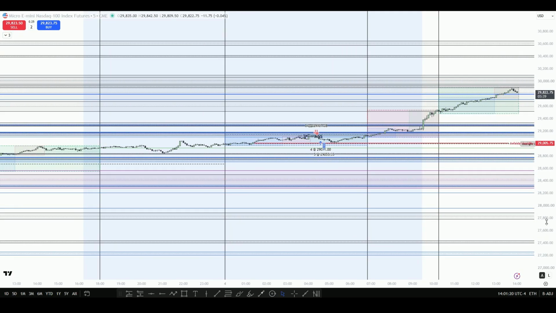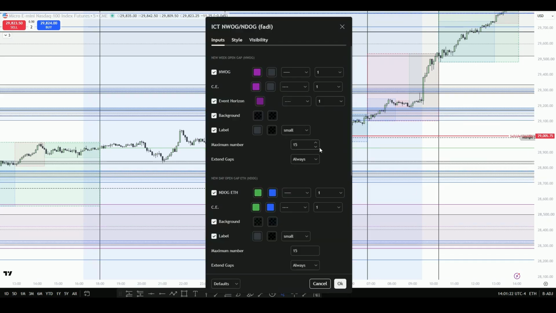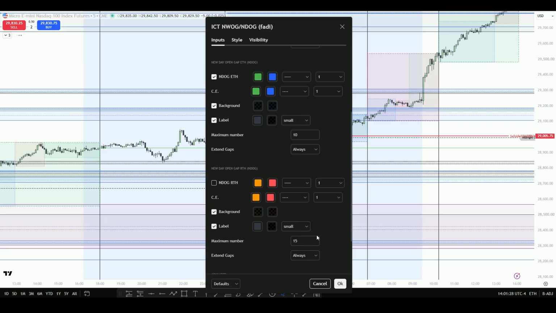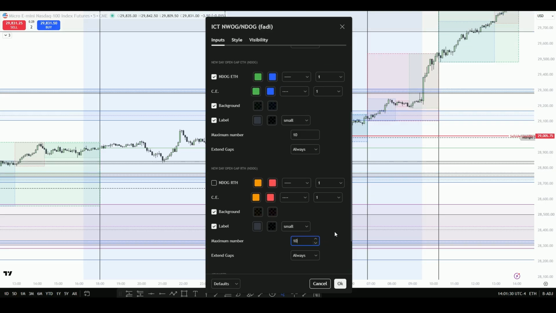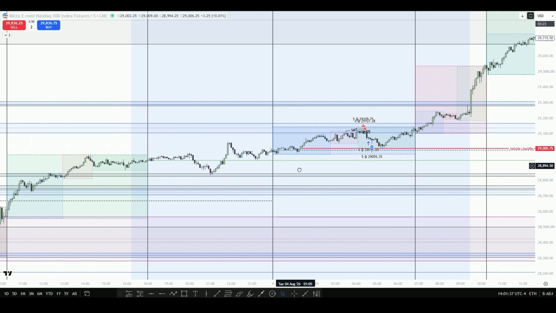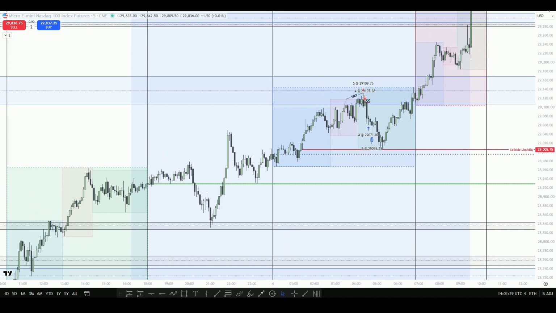Let's reset the chart. Oh my god, this is a lot. I'm going to decrease the amount of new day opening gaps and new week opening gaps. I'm not going to show the regular trading hours ones. Okay, so this is the setup from today, formed within a new day opening gap.